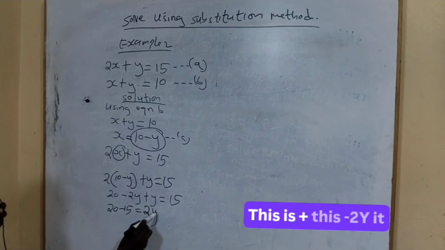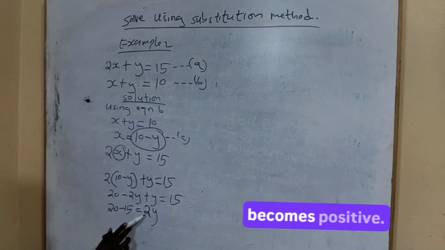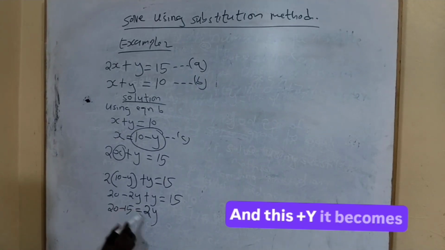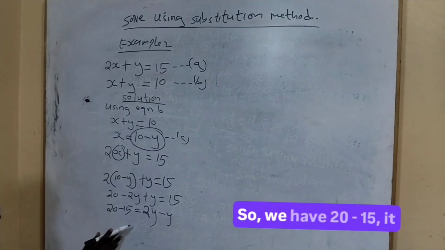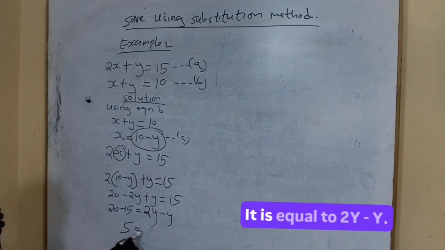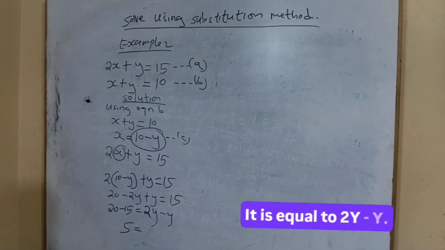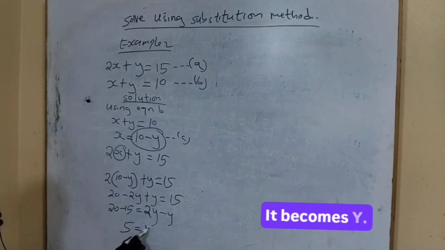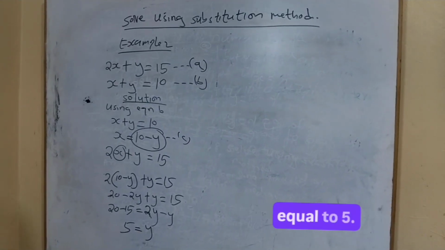This is plus, this is negative 2y, it becomes positive, and this is plus y, it becomes minus y. So we have 20 minus 15, it is 5, is equals to 2y minus y, it becomes y. So the value of y is equal to 5.